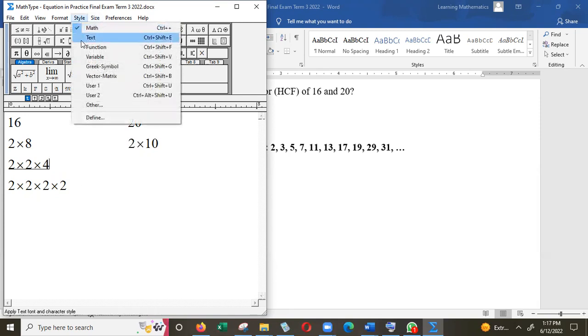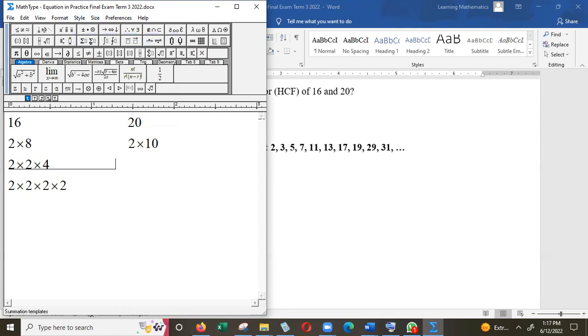Now 10 can be written as 2 times 5. Now 5 is a prime number, so that's it for 20. 2 times 2 is 4, times 5 is 20. So here are those two numbers, 16 and 20, written as prime factorization, prime factored.